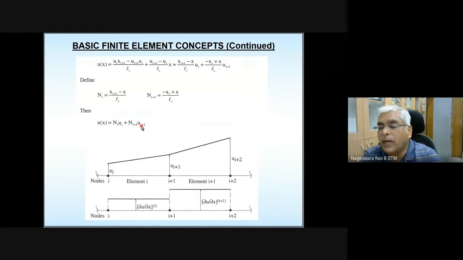What is the partial derivative of u with respect to ui? It is Ni. The partial derivative of u with respect to ui+1 is Ni+1. So Ni and Ni+1 are the weight functions when you are adopting the Galerkin method for this kind of element.